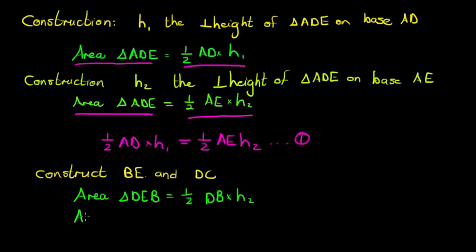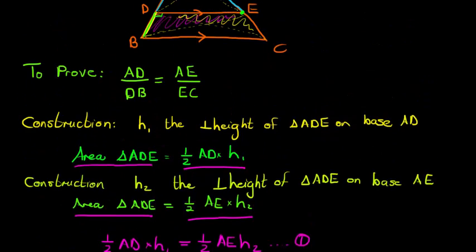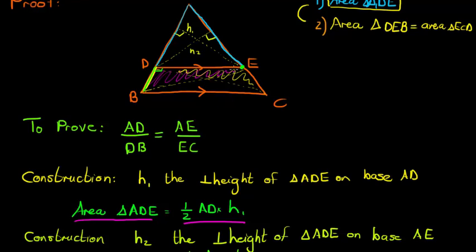Now the same goes for the area of triangle DEC. I go back to show you DEC. So there's DEC. If EC is my base, turn your head to see that this is the perpendicular height that D is above this base.